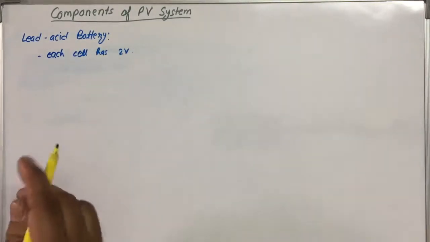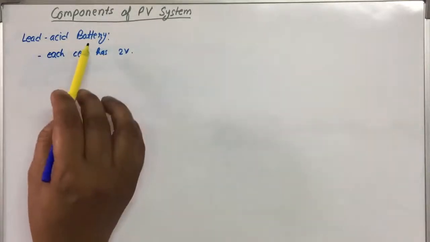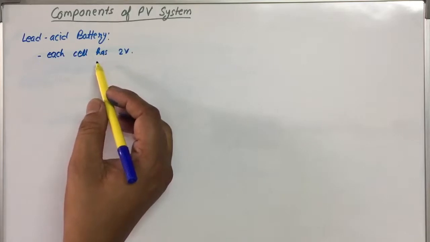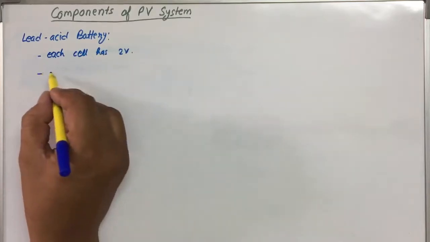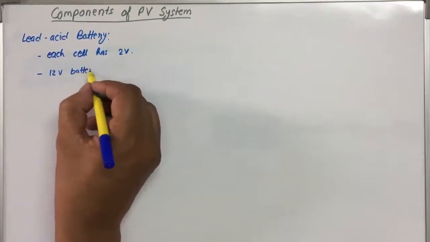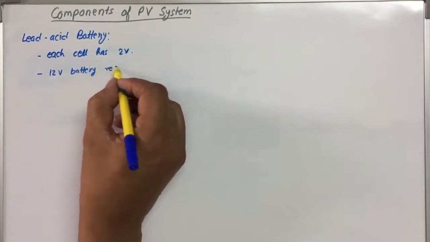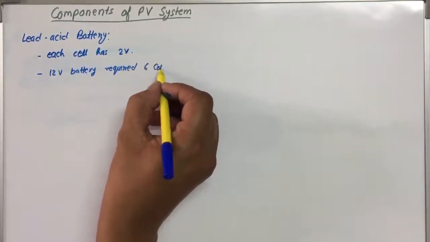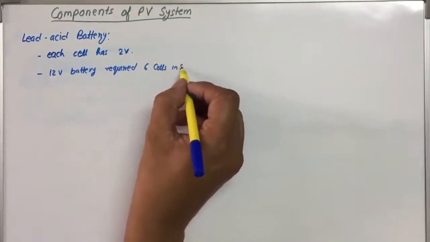For example, to get a 12 volt battery, 6 cells are required to be connected in series.